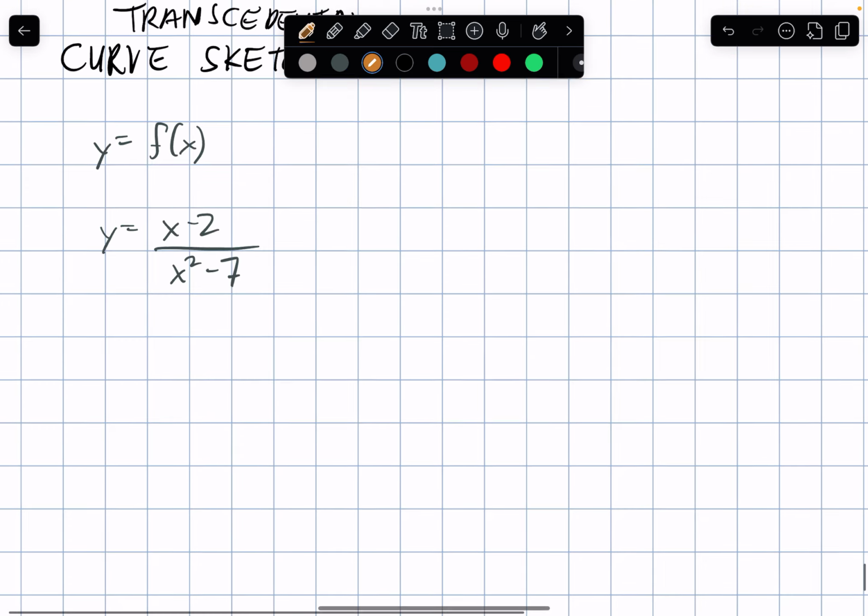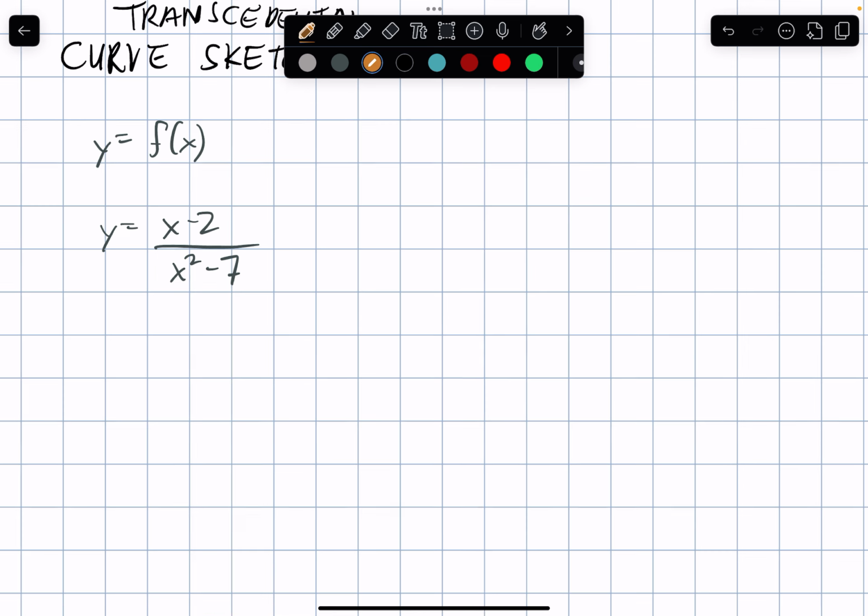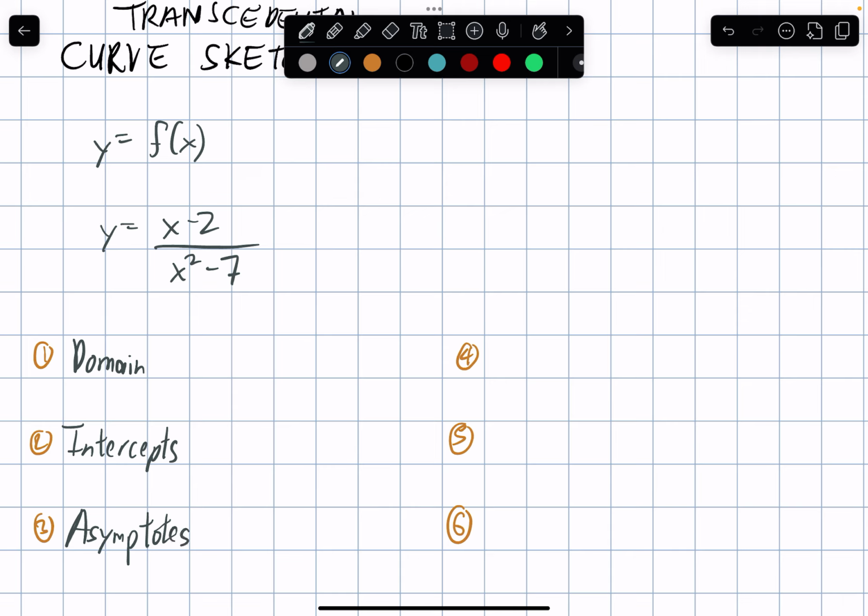So in transcendental curve sketching, we look for 6 things. Let me just number them down. We have to look for the domain, the intercepts, asymptotes, basically the VA and HA, horizontal and vertical.